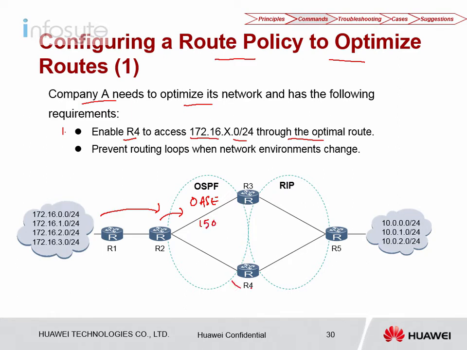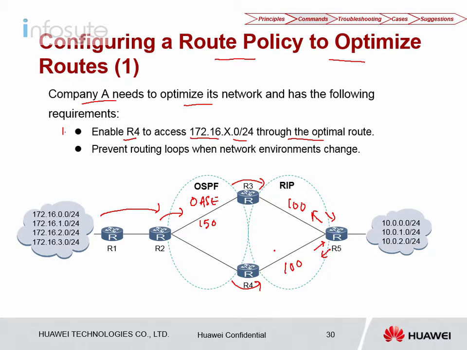Remember that we did the import from OSPF into RIP, and when we import this route into RIP, the preference will be 100.